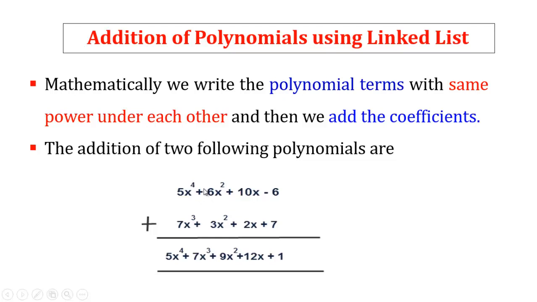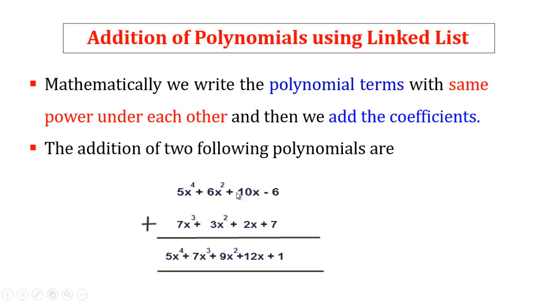That we call the sign magnitude bit. Plus 6 is the coefficient, x is the variable, and 2 is called the power. If you are going to represent 4 here, the next term should be a lesser value only. It may be 3, 2 or 1. You need not write 6x power 5 here, that is invalid.